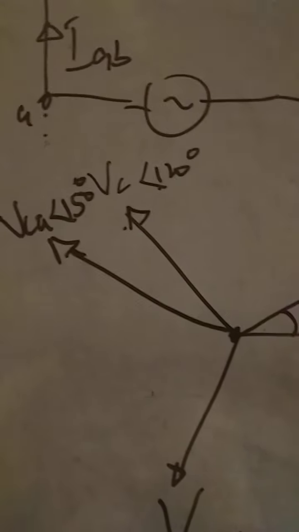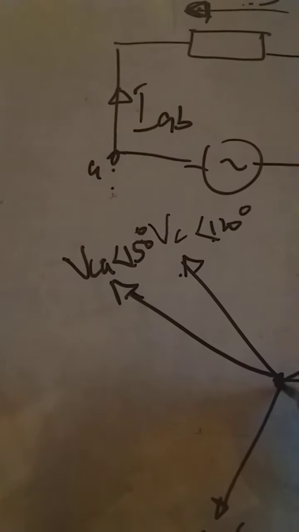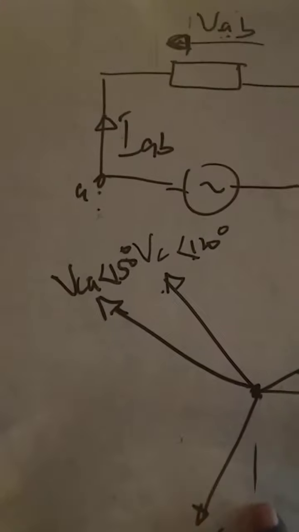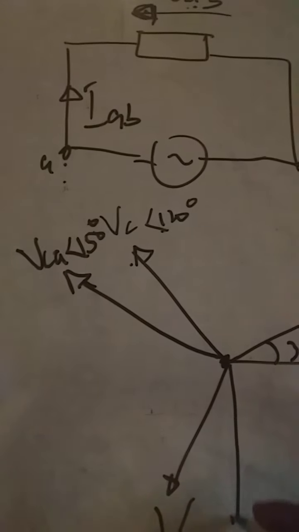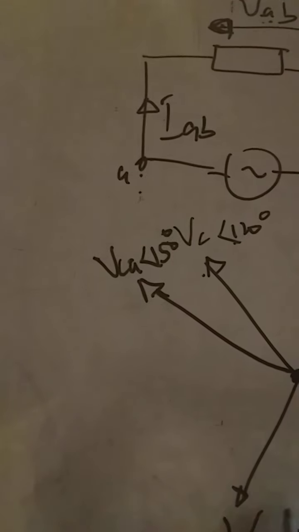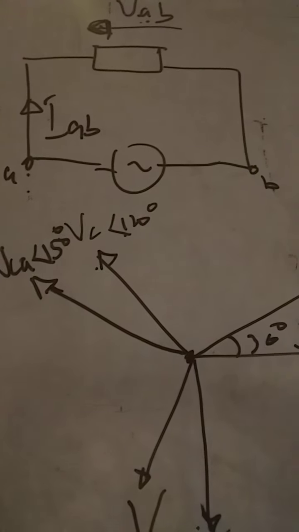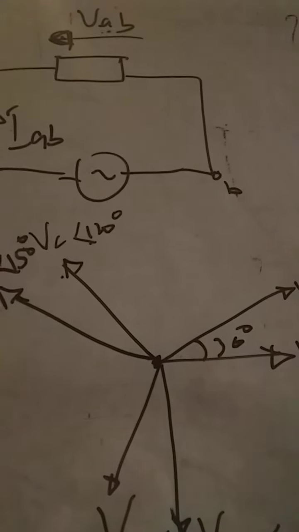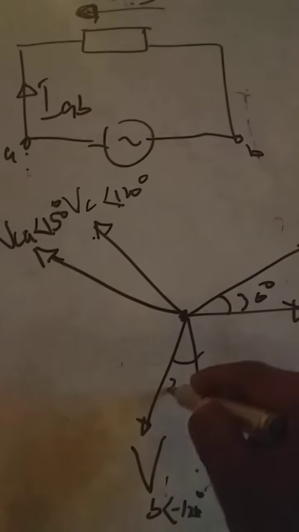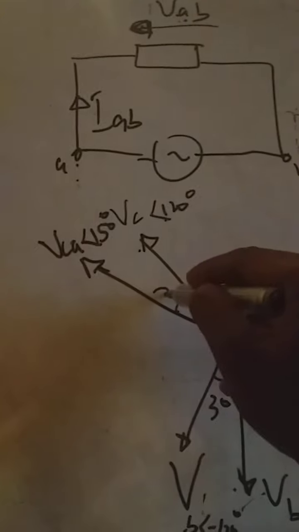So if this is also VB, which is at angle minus 120 degrees, our VBC, which is the line voltage, will be at angle minus 90 degrees. All 30 degrees apart from their respective phase voltages.